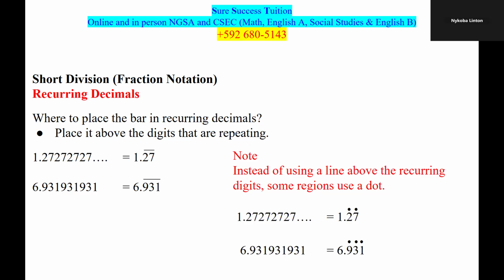Notice we'd have 3 dots. Or sometimes we might see 6.931. We did not put a dot above the 3 or the digits in the middle if there were multiple digits in the middle. That's on the first digit that was recurring and the last digit that was recurring. So we would use our common sense to know that all those digits would be recurring.